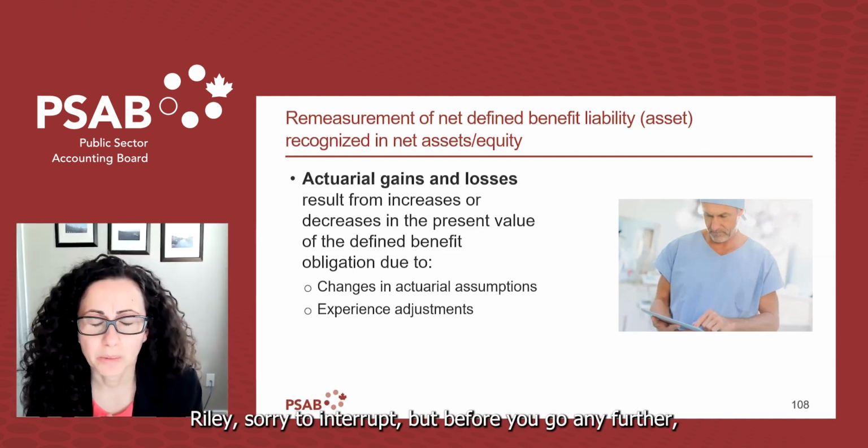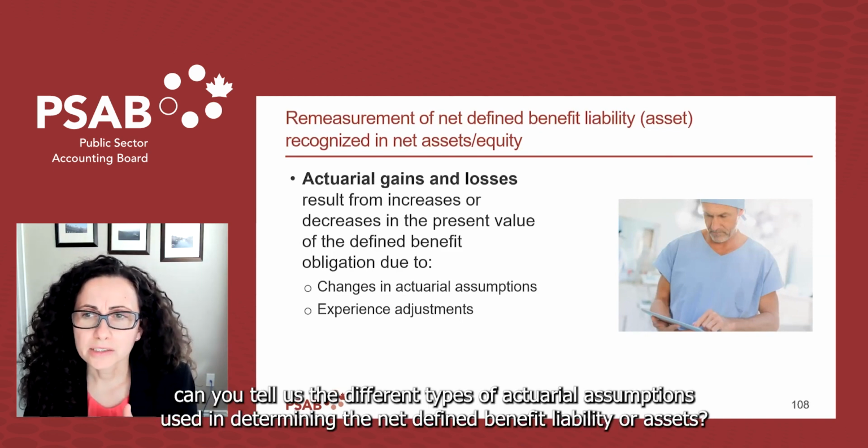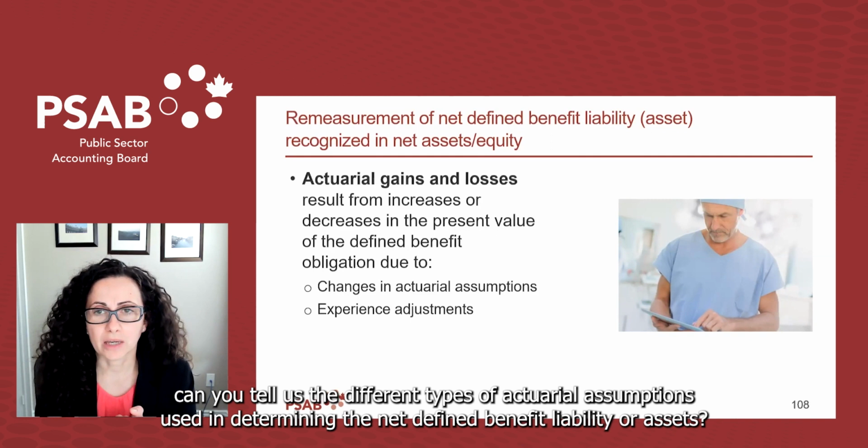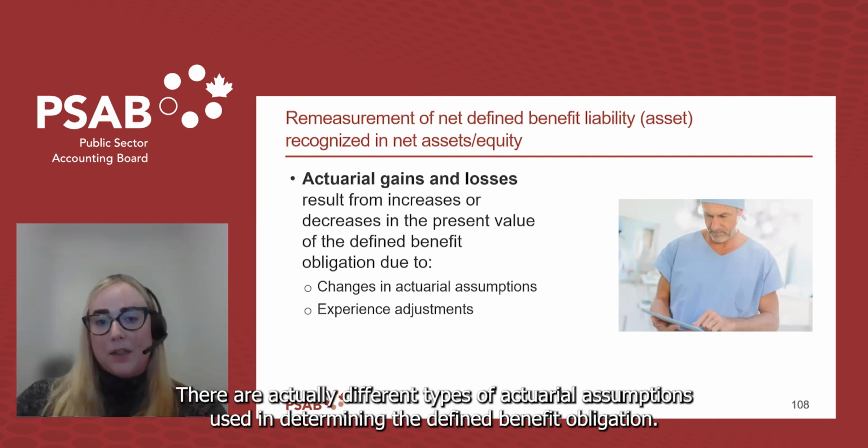Riley, sorry to interrupt, but before you go any further, can you tell us the different types of actuarial assumptions used in determining the net defined benefit liability or asset? There are actually different types of actuarial assumptions used in determining the defined benefit obligation.